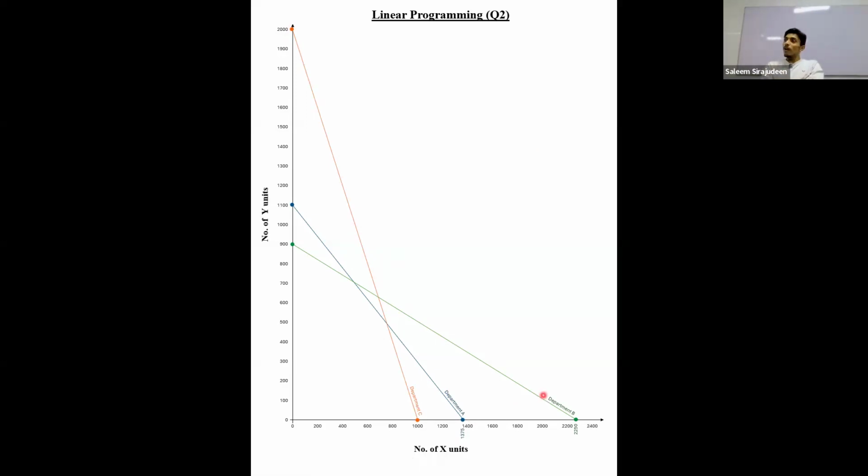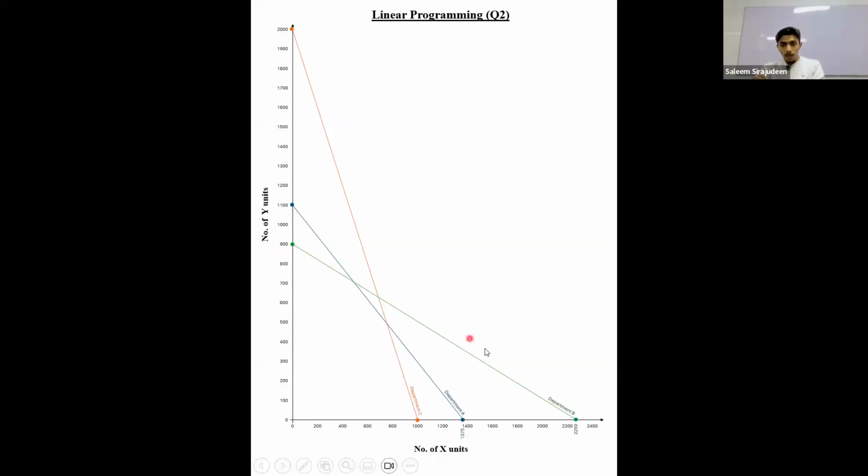Now what do we have to do? We have to identify the feasible points, right? So tell me, what are the feasible points? Here, if you look at this y-axis, you have 900, you have 1100, you have 2000. Can you produce 1100? Can you produce 900?